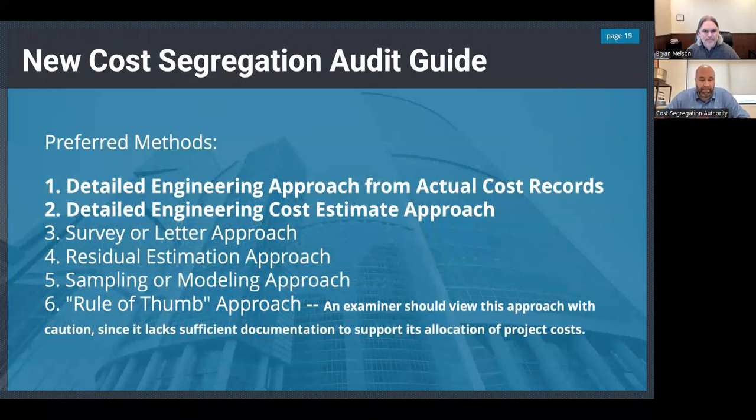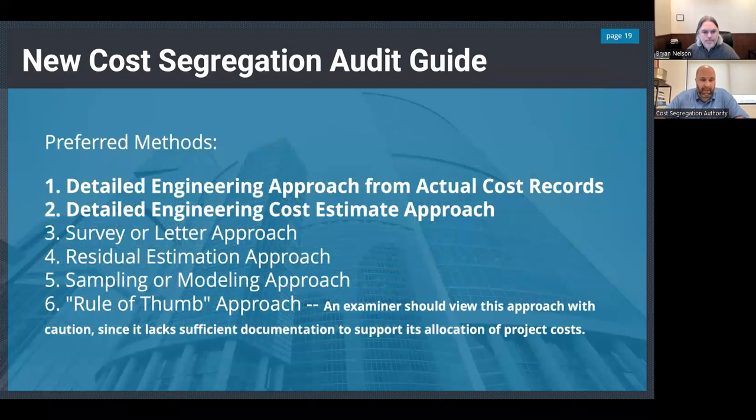Number two is a detailed engineering cost estimate approach. This would be you buy an existing building built in 1980. You don't have all the costs of what the parking lot costs, what the flooring costs. So a cost seg company comes in, does some modeling, puts a value to those different components.